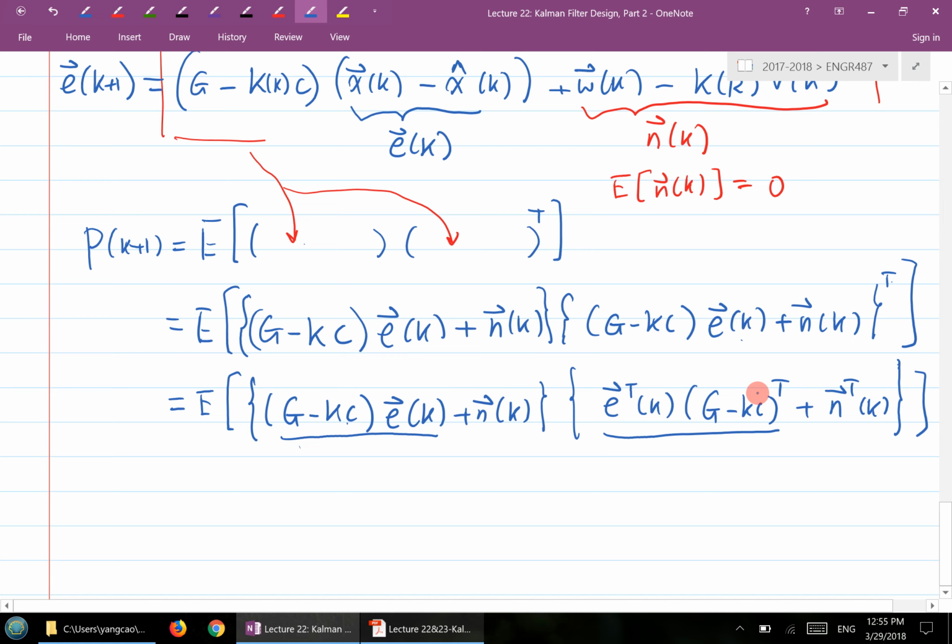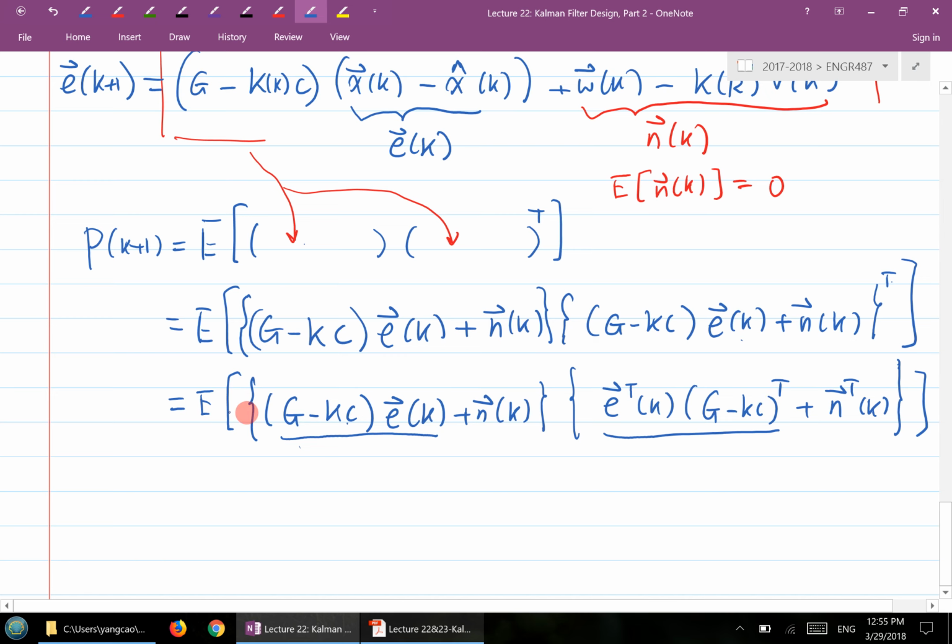Now take the expected value of that term. This matrix, G minus KC, is not a random variable. That's a constant basically, and this is also a constant, so you can take it out of the expected value expression. That makes sense?